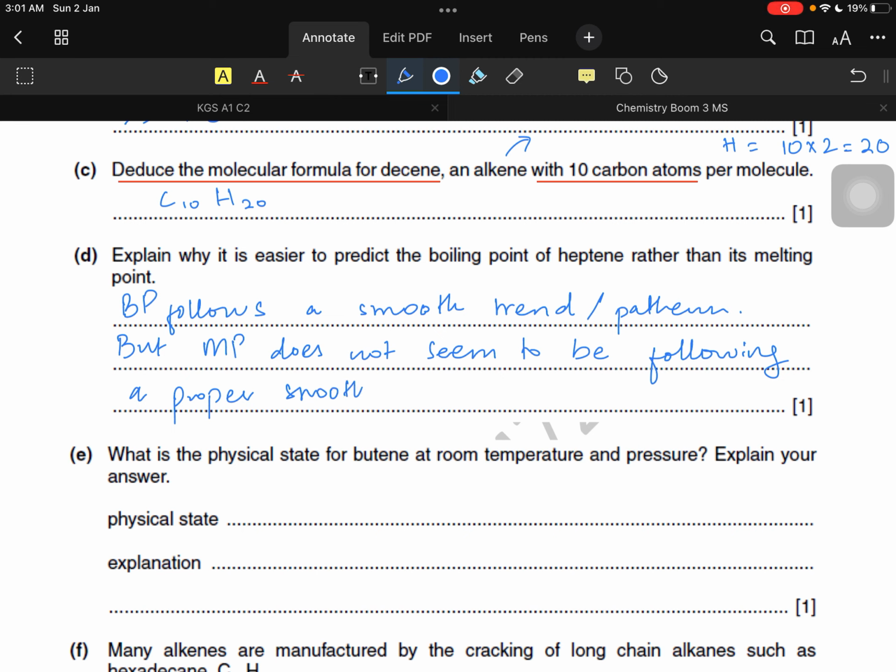Just saying smooth trend is enough. You don't have to explain that it increased or stayed the same or whatever. Just saying the fact that it is following a smooth trend or it is not following a smooth trend is enough. Now question part E says, what is the physical state for butene at room temperature and pressure?